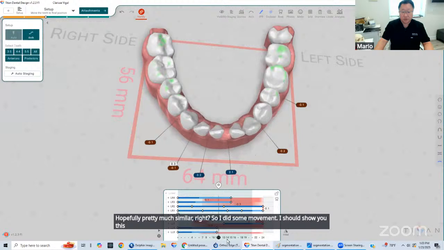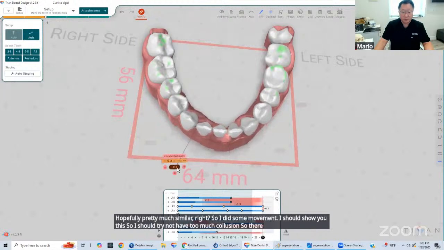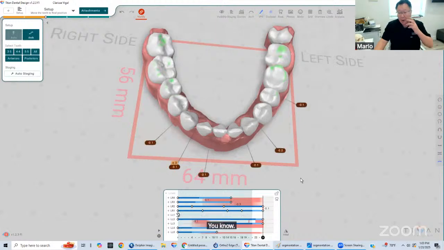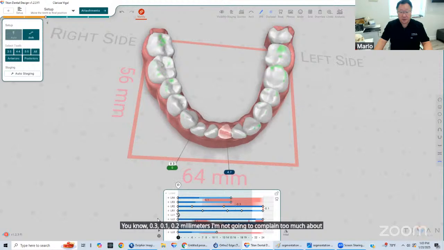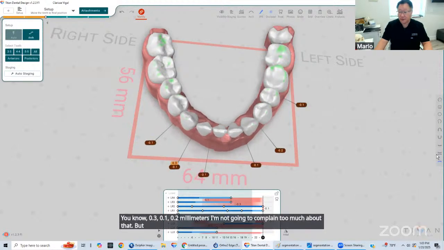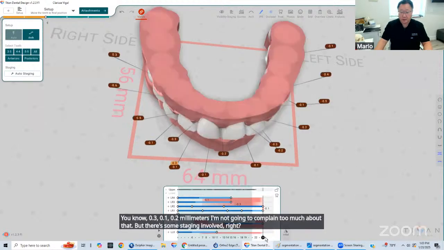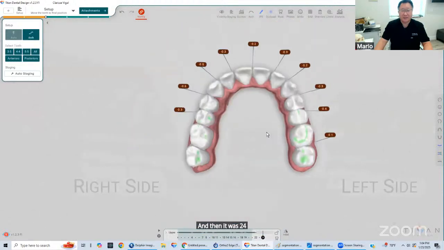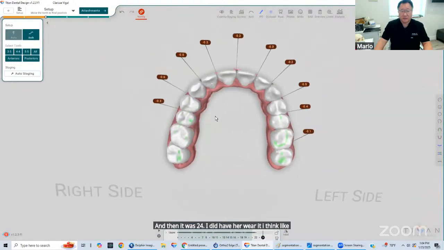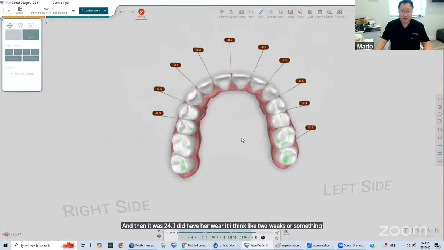I should try not to have too much collision, right? So there was some collision here, 0.3, 0.1, 0.2 millimeters. I'm not going to complain too much about that, but there's some staging involved. And then it was 24. I did have her wear it, I think, like 2 weeks or something.